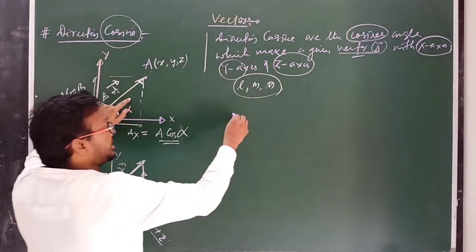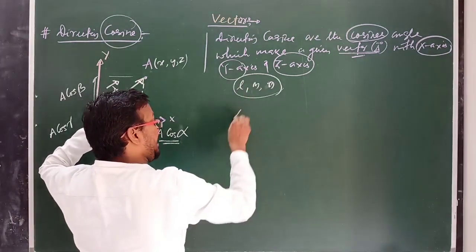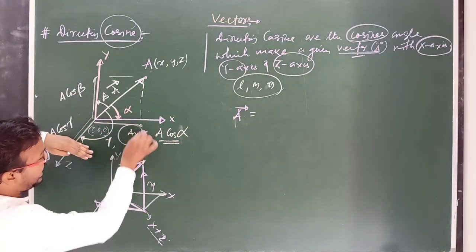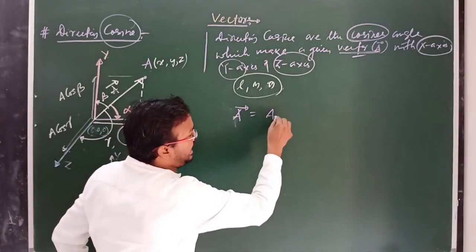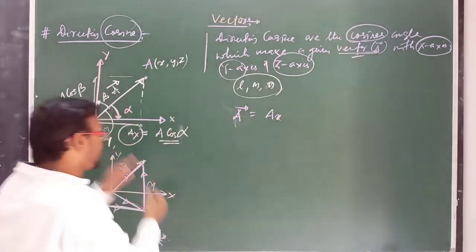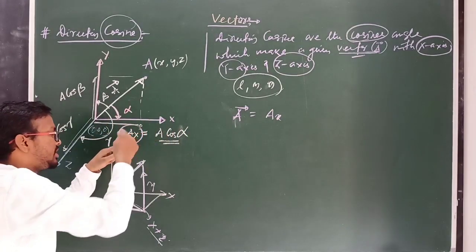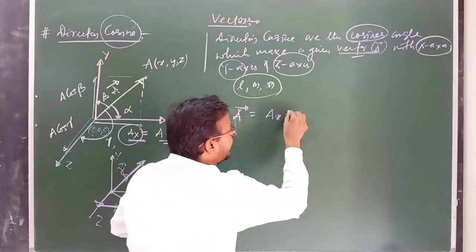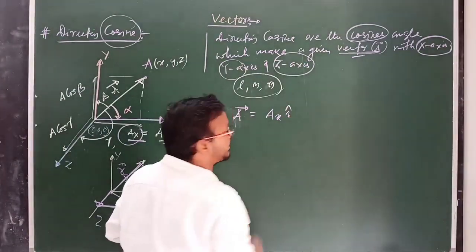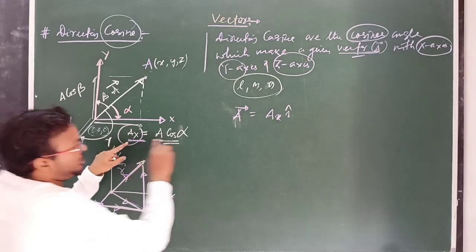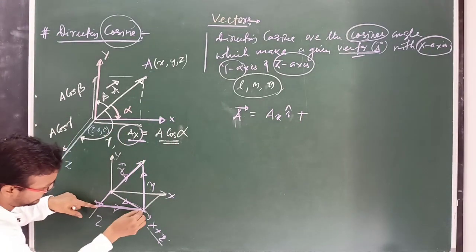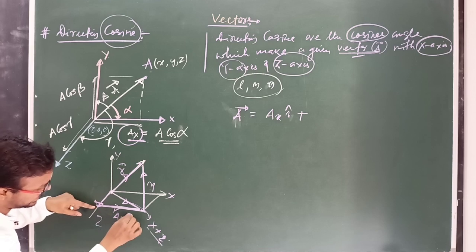So a vector in the three dimensional case can be written like this: in the x direction its magnitude is ax. If we multiply the magnitude with a direction, then it behaves as a vector, and the direction is i cap, so ax i cap.